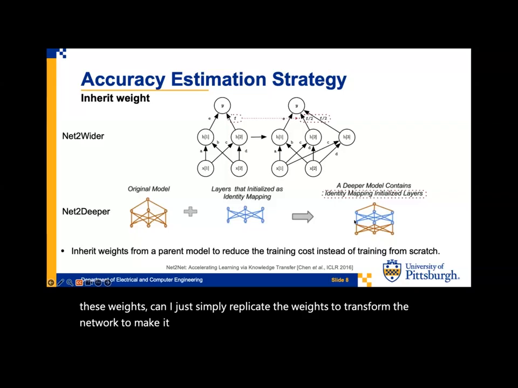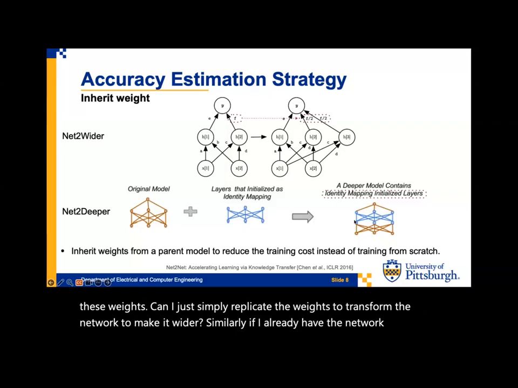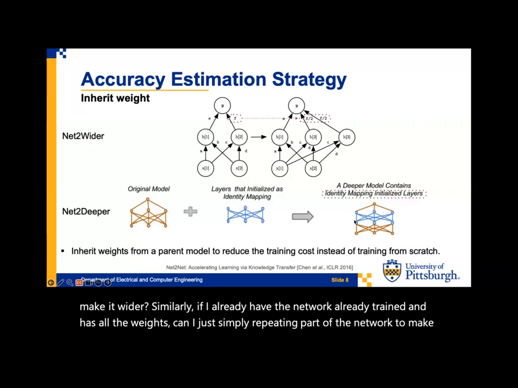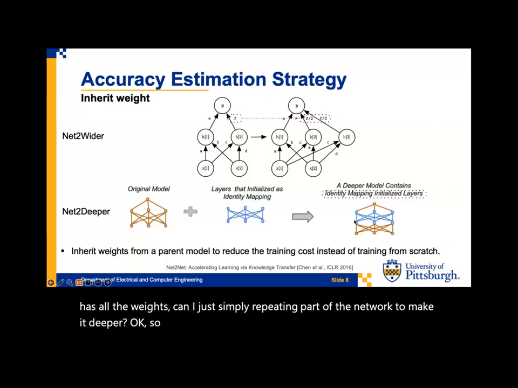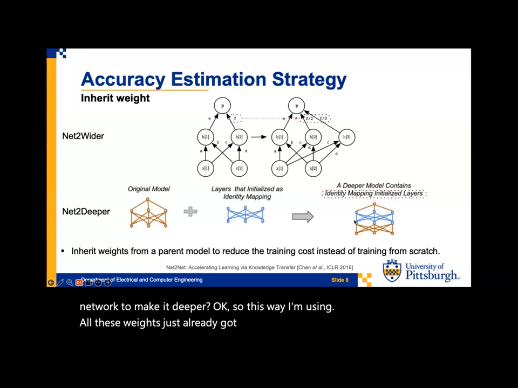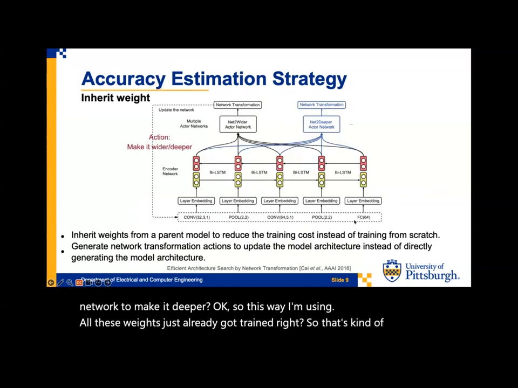Similarly, if I already have the network trained and has all the weights, can I just simply repeat part of the network to make it deeper? This way I'm reusing all these weights that already got trained. That's the key idea.